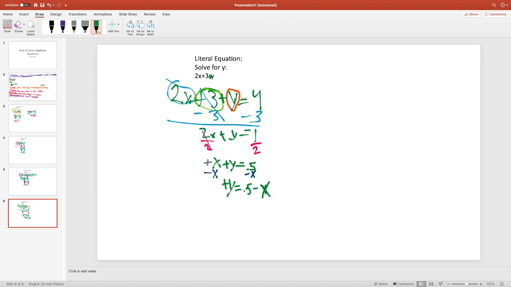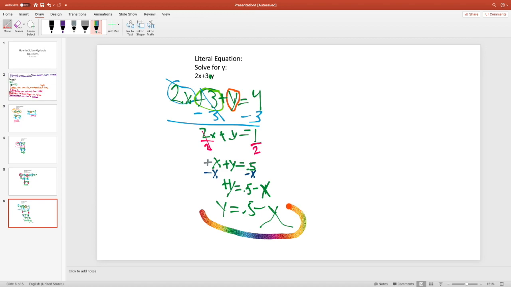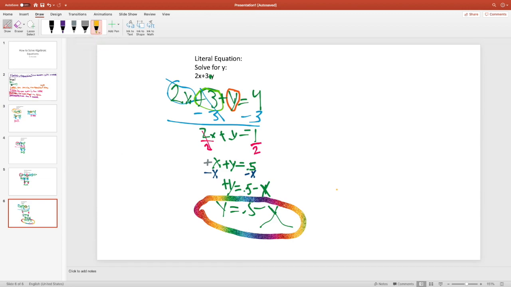So if I were to rewrite the equation, y equals 0.5 minus x. I'm going to circle it with this cool color. So that's our answer.